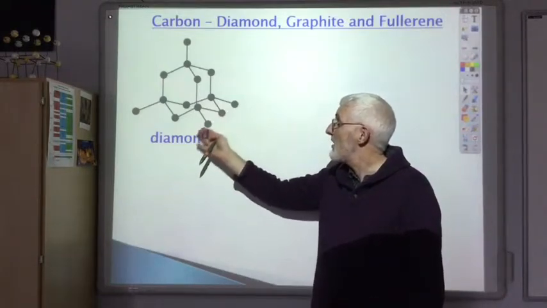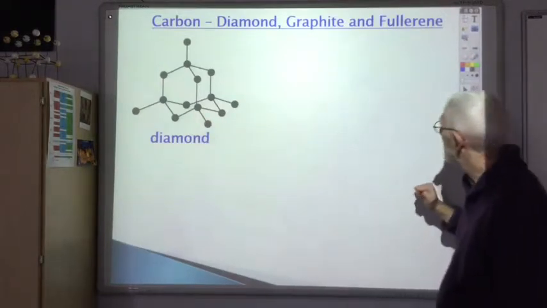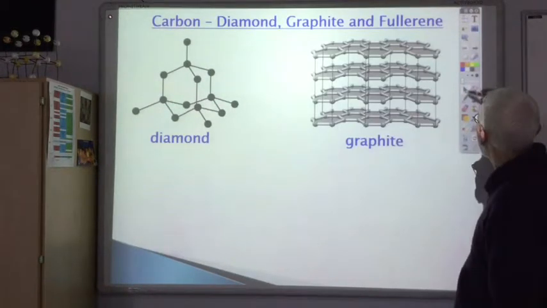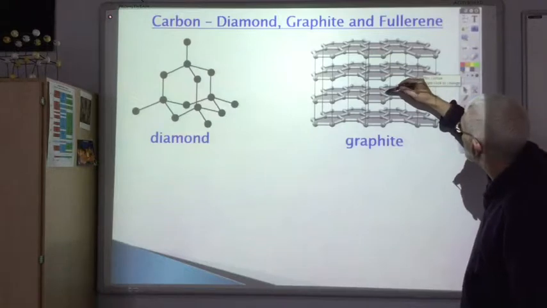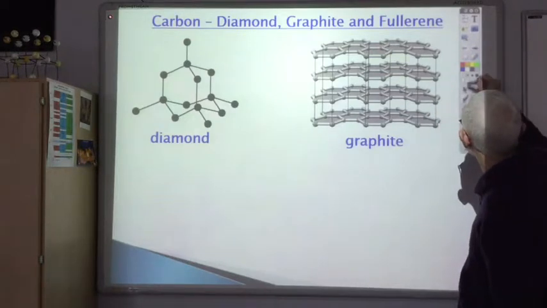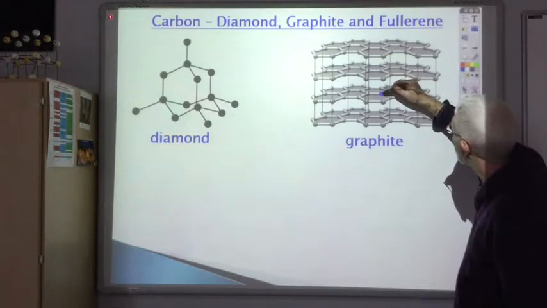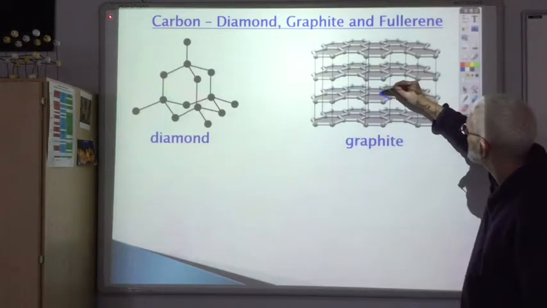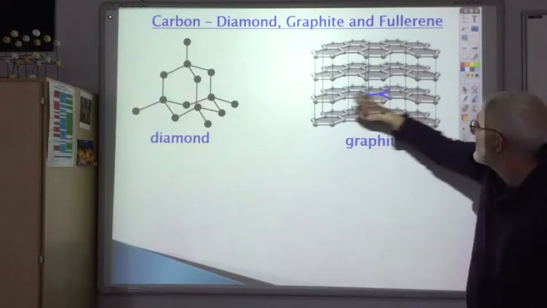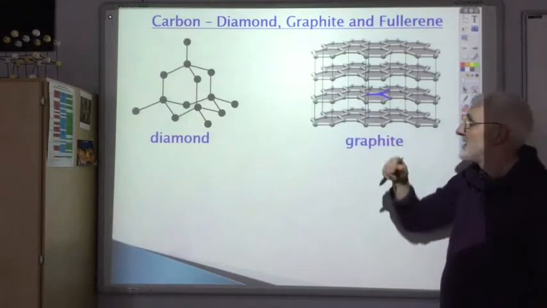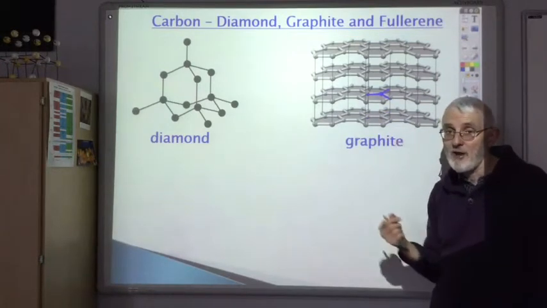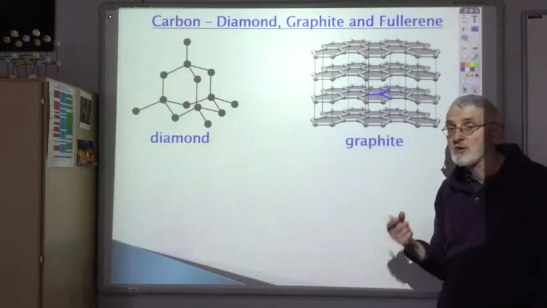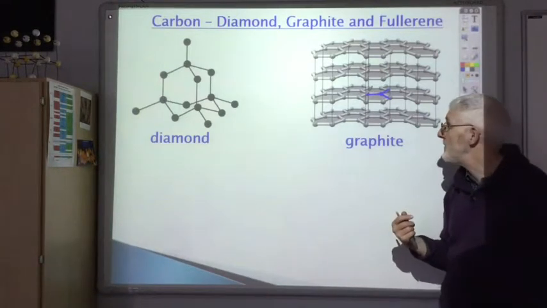But not all carbon comes in the form of diamond. It can also come in the form of graphite. And in graphite, each carbon is only bonded to 3 other carbons, okay, within this layer. So there's a 4th outer electron of carbon, which isn't involved in covalent bonding.